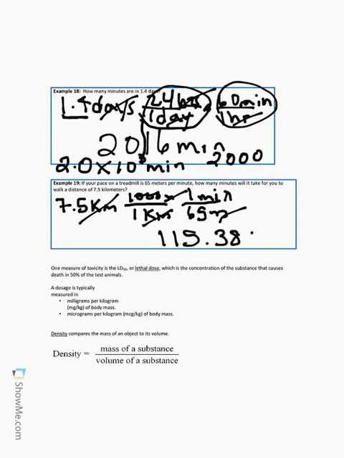115.3846154. This is clearly more significant figures than we need. Our initial had 2. The 1,000 meters in 1 kilometer is within the same system of measurement, so this is exact. The 65 meters per minute is 2 significant figures.